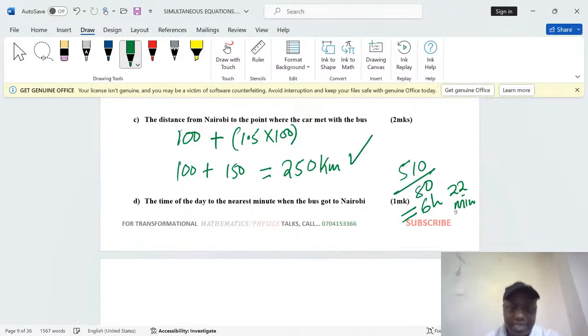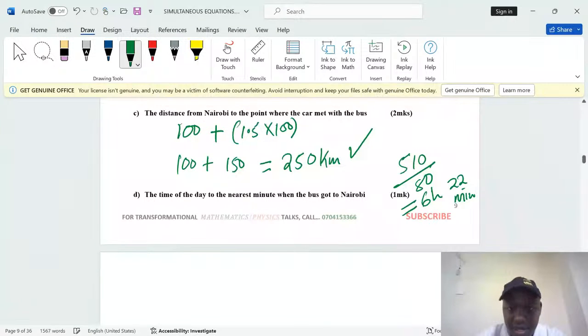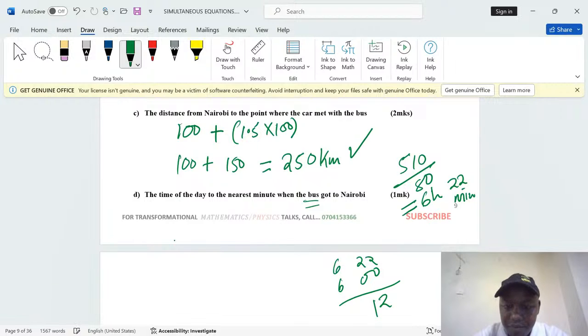And the bus started its journey exactly at 6. Therefore, 6 hours 22 minutes from 6 is going to be 12:22, in the noon, or rather 22 minutes past noon, or 12:22 p.m. It is 12 exactly which is called noon. So when some minutes have passed, then we talk about p.m.